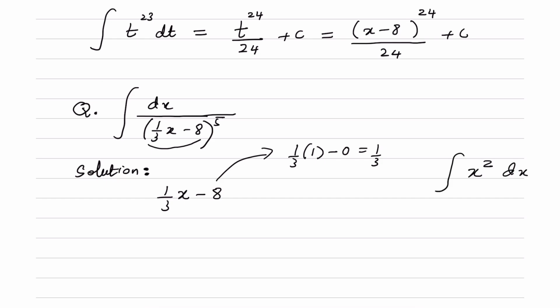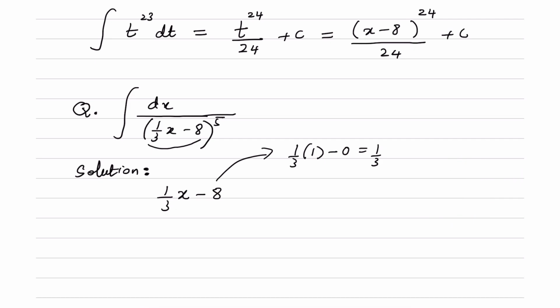Suppose you have this expression and you suppose x square equal to a different variable. But this x square has the derivative 2x. 2 is a constant, it is not important, but x should have been written here. Only in that case will you make this substitution.